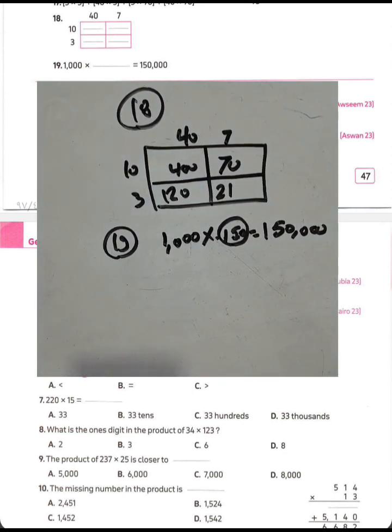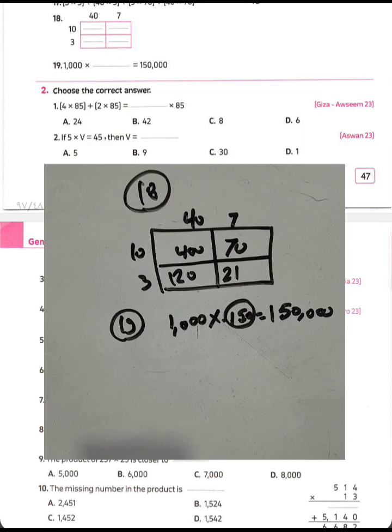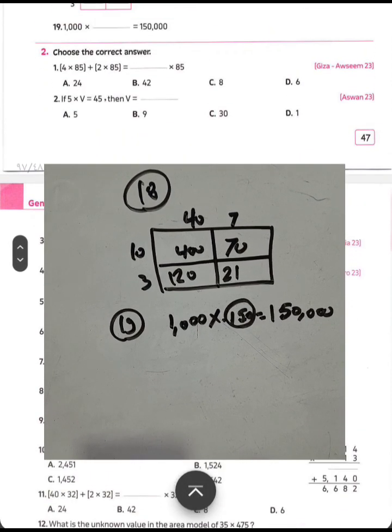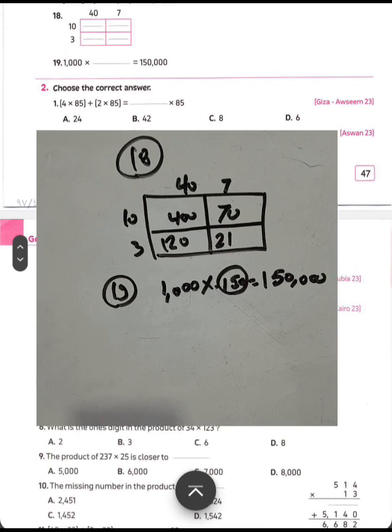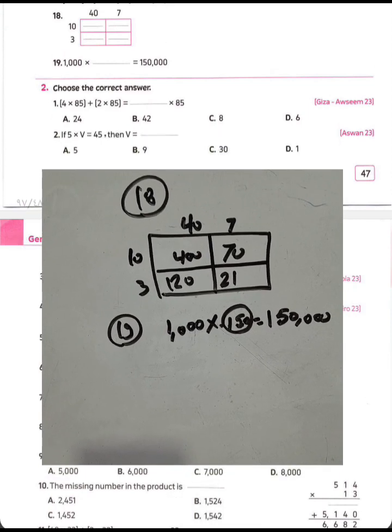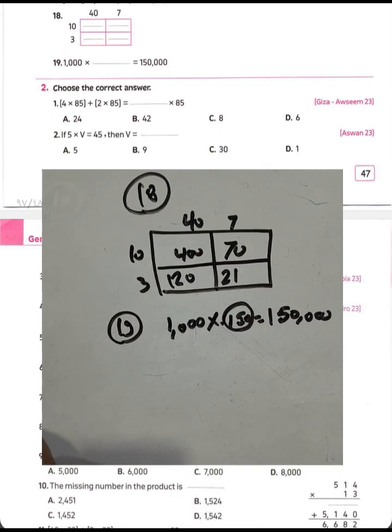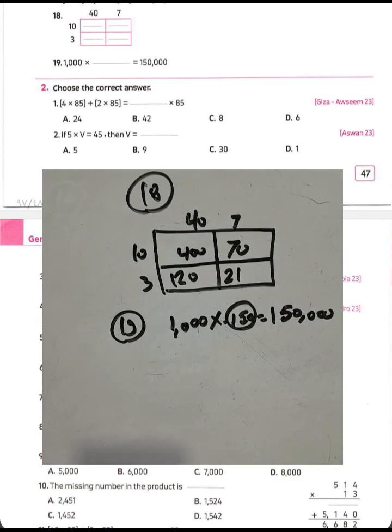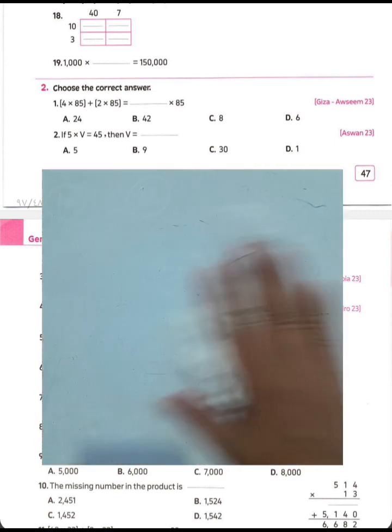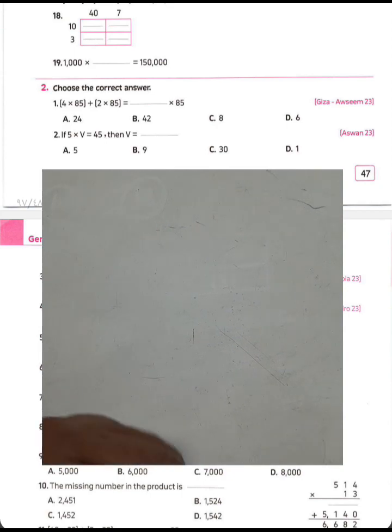Question 20. Choose the correct answer. Number 1. 4 times 85 plus 2 times 85 equals what times 85. We can add 4 plus 2 equals 6. Then you must write 6 in the space.